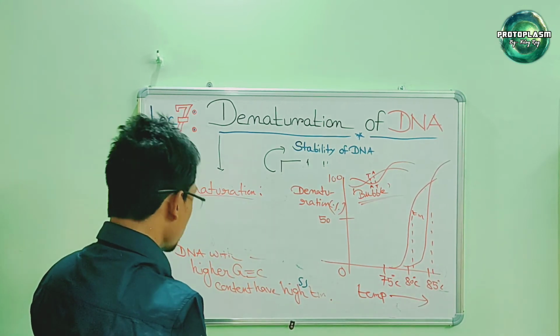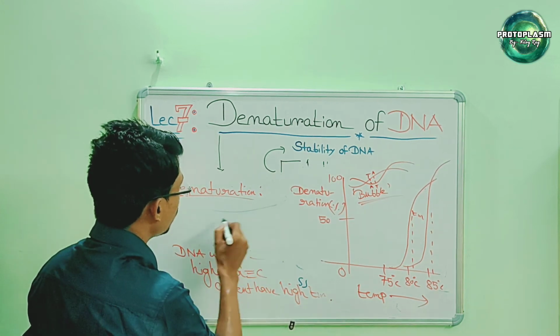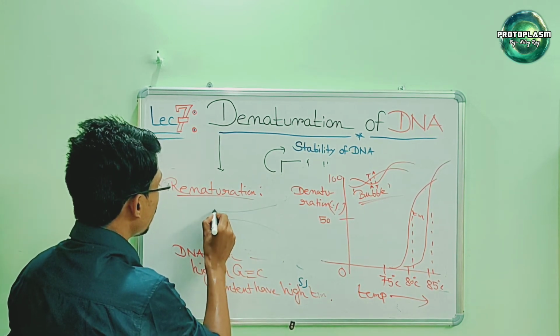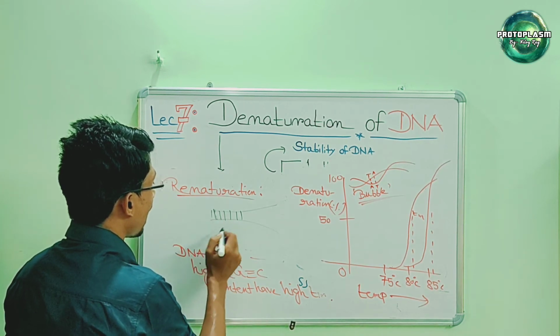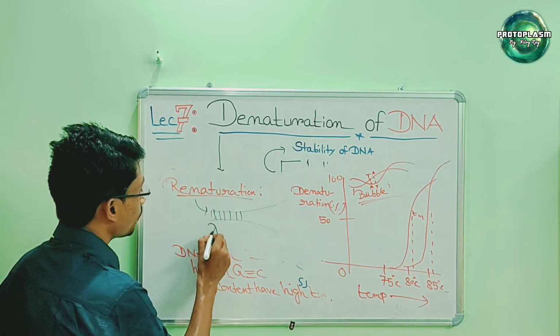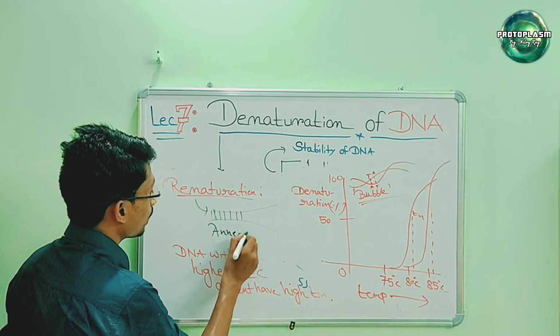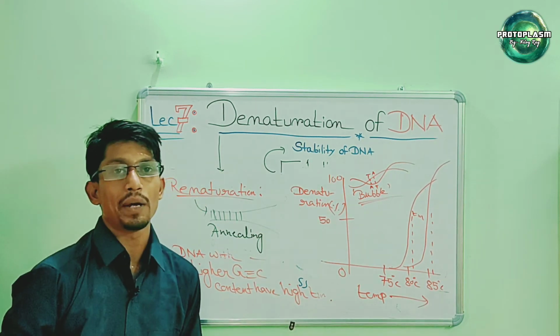Renaturation is a process by which a DNA double helix which was broken down can join back again. This is known as renaturation, and the process is also called annealing. This occurs at room temperature.